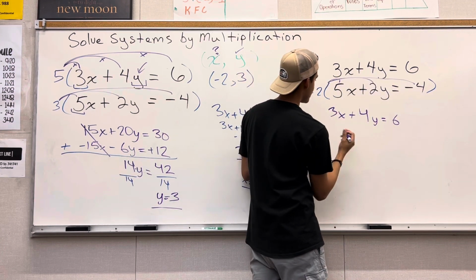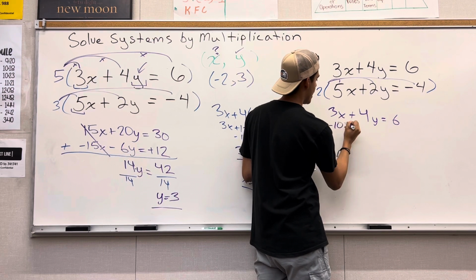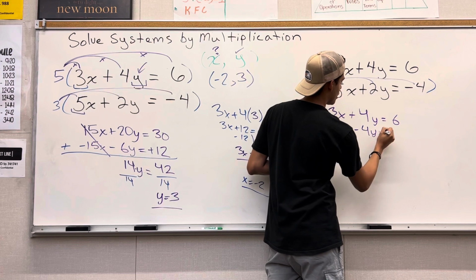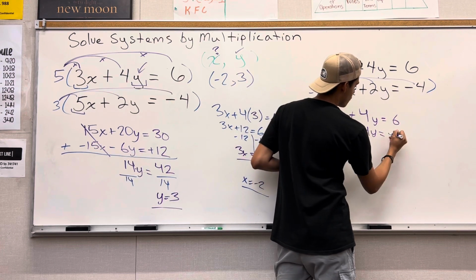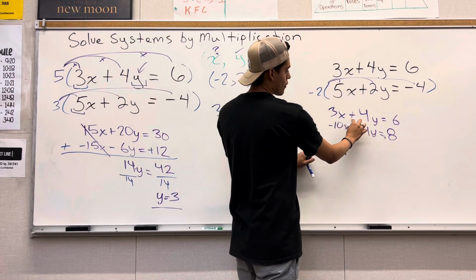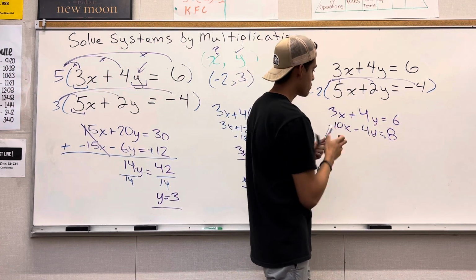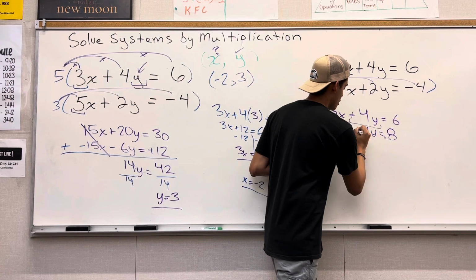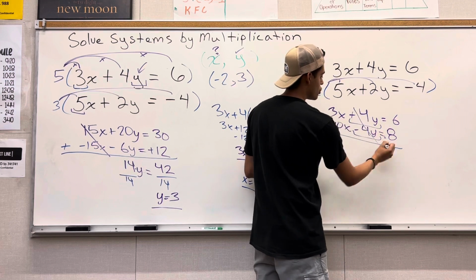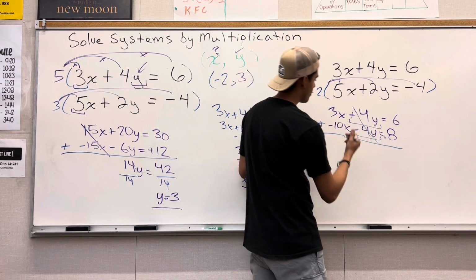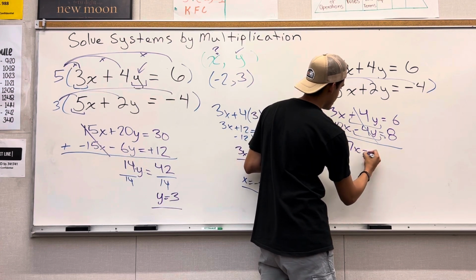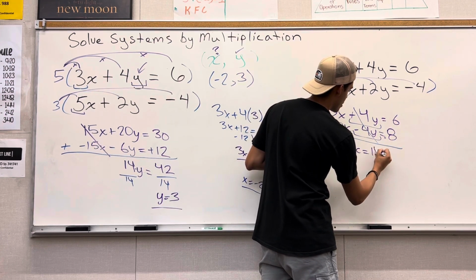Negative 2 times 5x gives you negative 10x. Negative 2 times 2y gives you negative 4y. Negative 2 times negative 4 gives you 8. Now you see that they're opposites of each other, as we have when eliminating by addition. So we add both. These two go away, and we have 3x plus negative 10x, which is negative 7x. 6 plus 8 gives you 14.